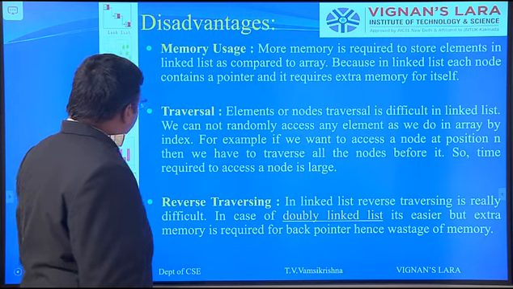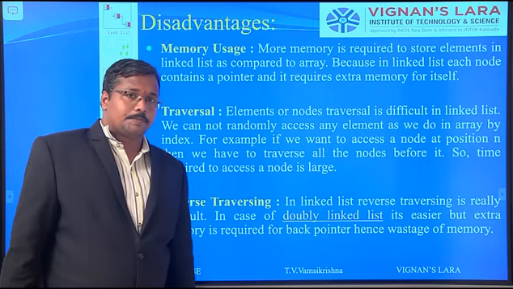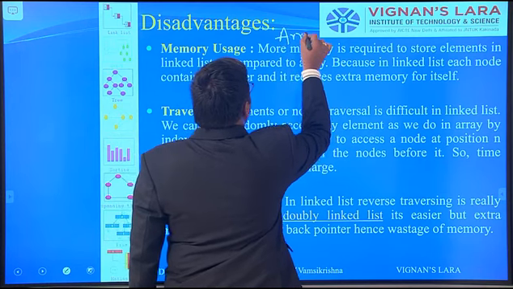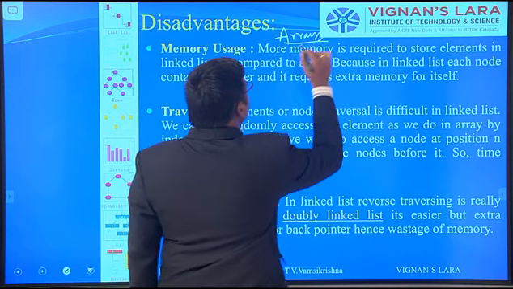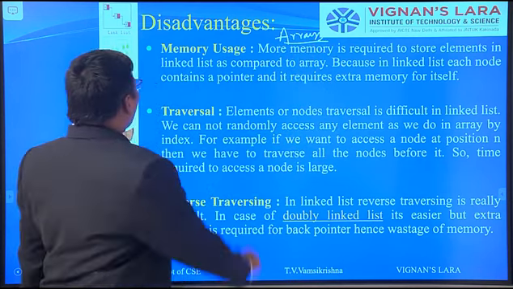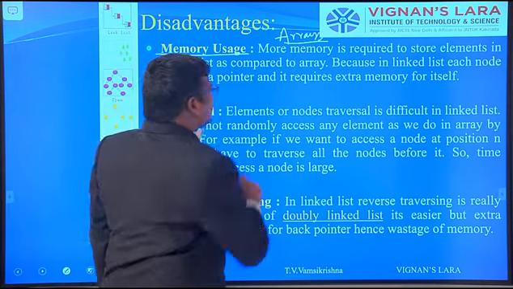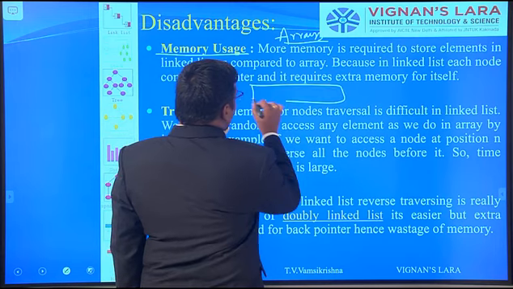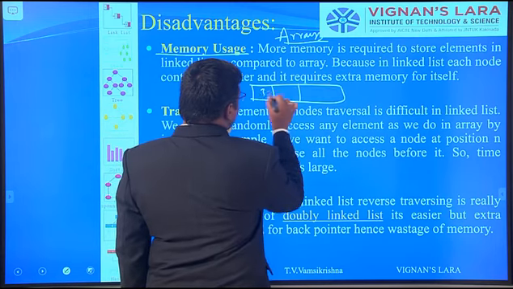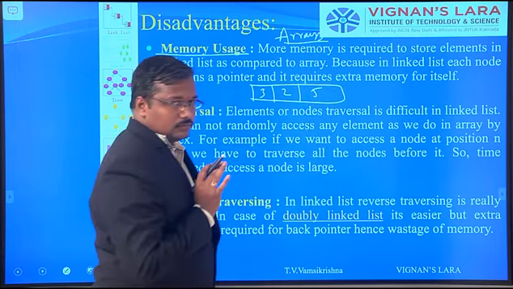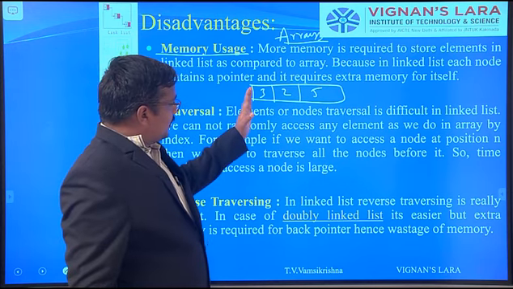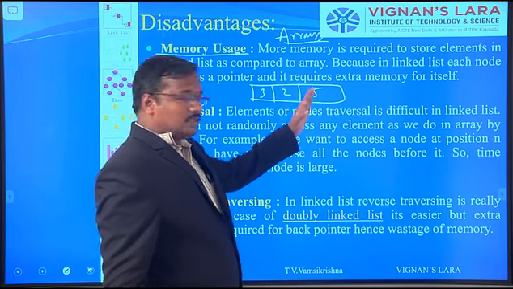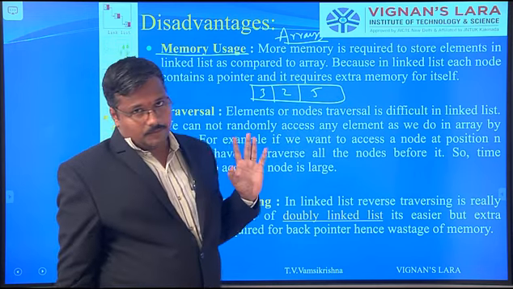Next, we will discuss the disadvantages, also comparing with arrays. First thing, memory usage. In an array, whenever you want to store, say, 3 elements, 3 to 5 like that, one integer uses 2 bytes of memory. So 2 bytes, 2 bytes, 2 bytes, totally 6 bytes of memory is enough.